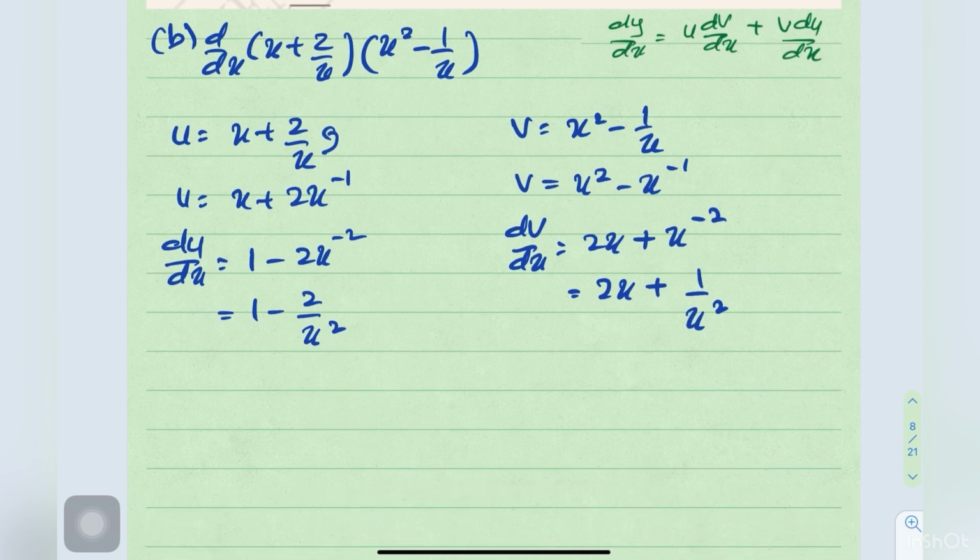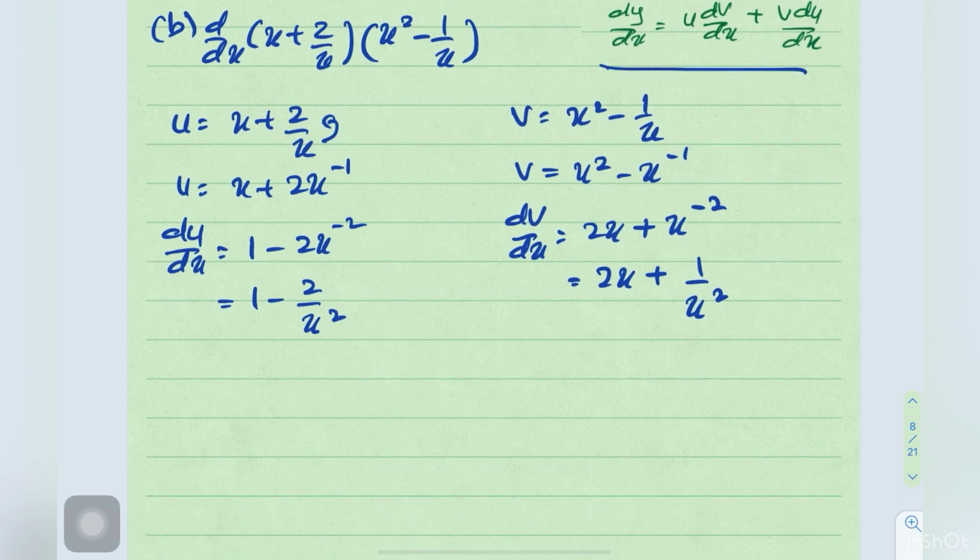Okay, so substitute into the formula. This one becomes dy/dx is u dv/dx plus v du/dx.